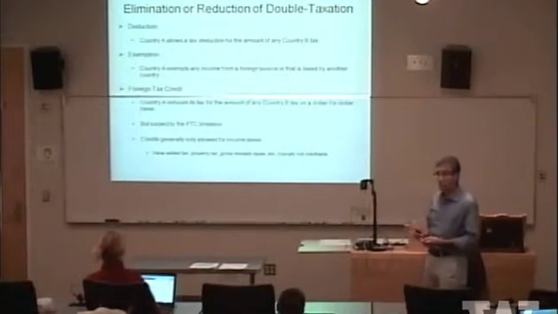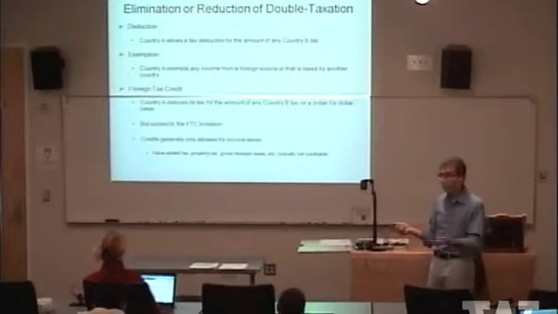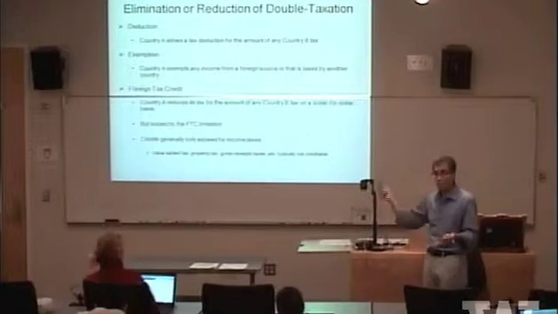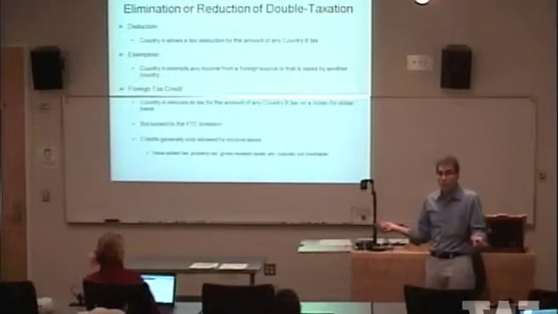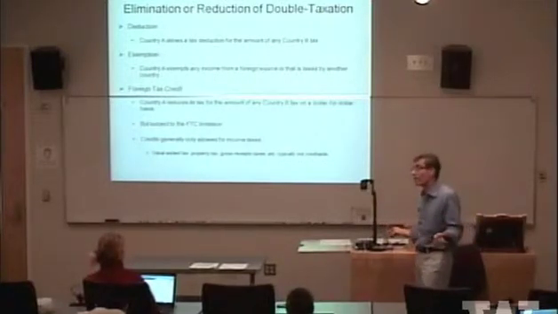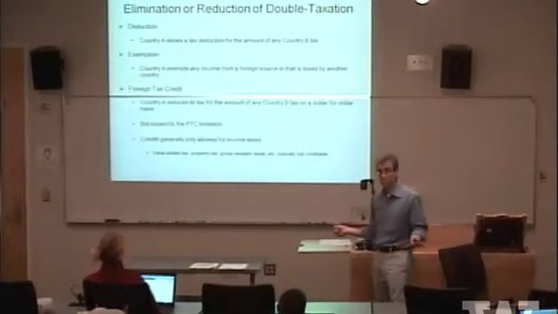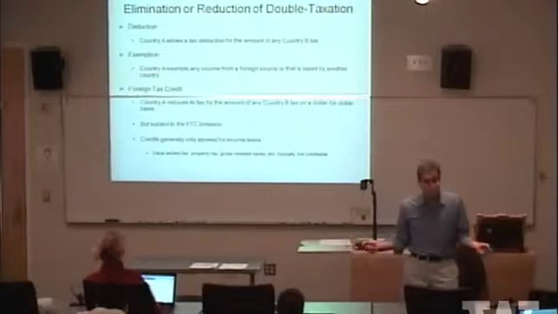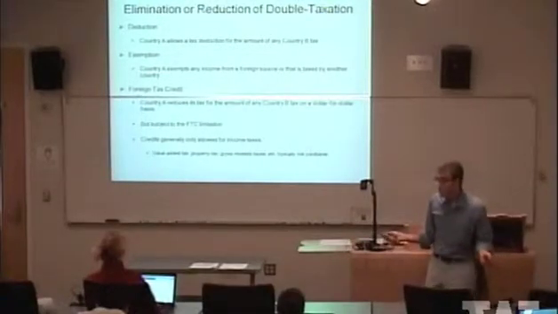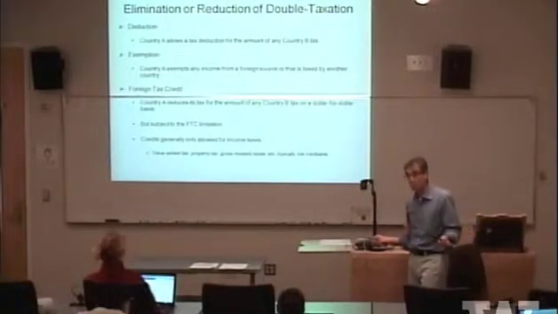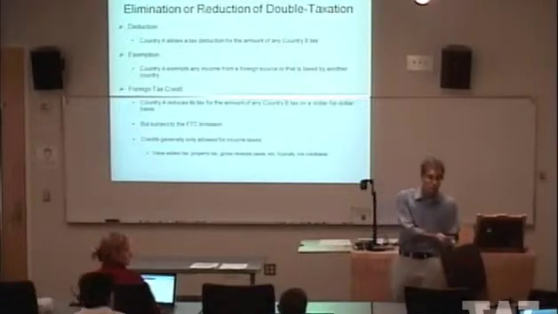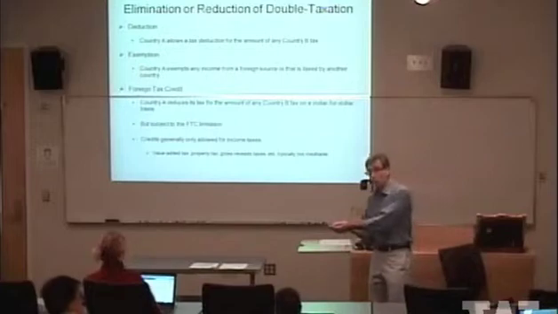There may be no foreign tax credit, there may be no exemption, but maybe the country just says, well, we'll treat foreign taxes like any other expense. Does the U.S. allow a deduction for foreign taxes? Yes, you get to pick. You either choose the credit or you choose a deduction.